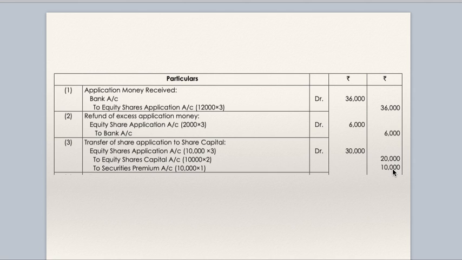So 1 rupee per share would go to securities premium account and 2 rupees per share would go to share capital account. Now if you see here, equity share application account is getting closed. So net effect is bank account debit 30,000, to equity share capital account 20,000, to securities premium 10,000.